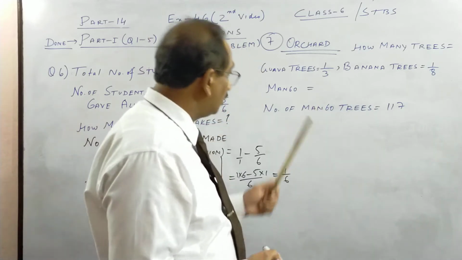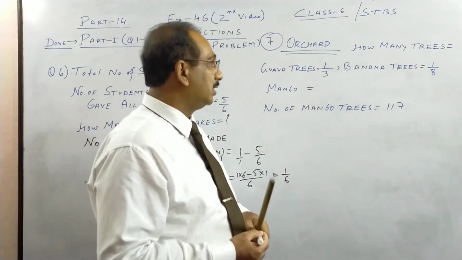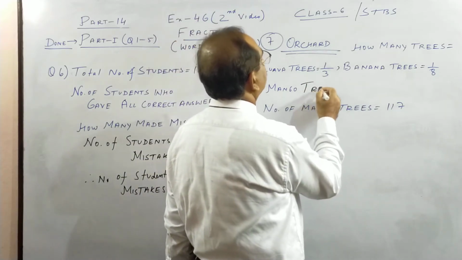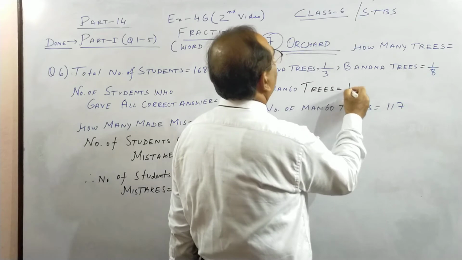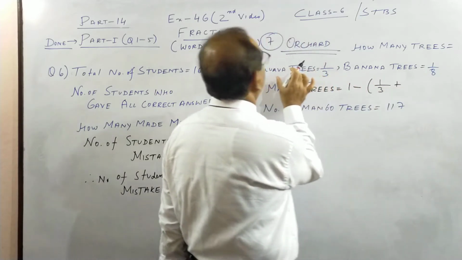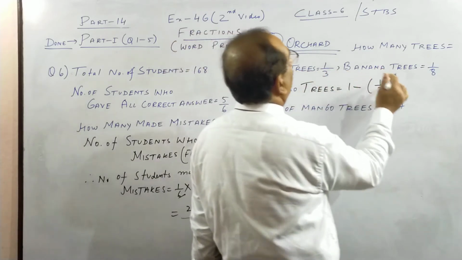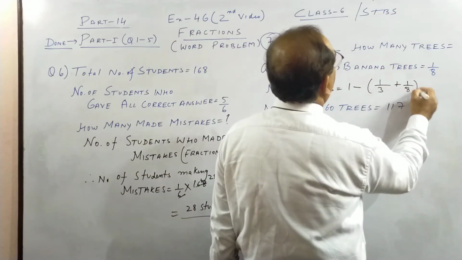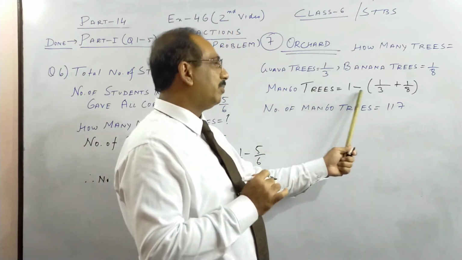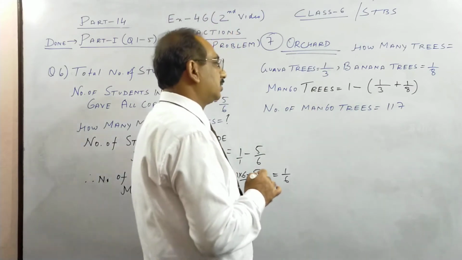So what is the number of mango trees as a fraction, children? So what we do is 1 minus this: total minus guava trees and banana trees gives you how many mango trees there are as a fraction.